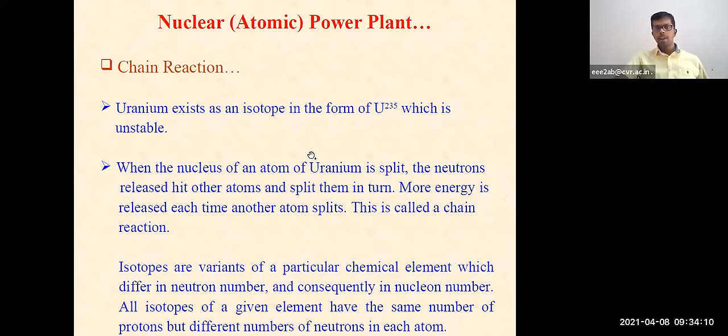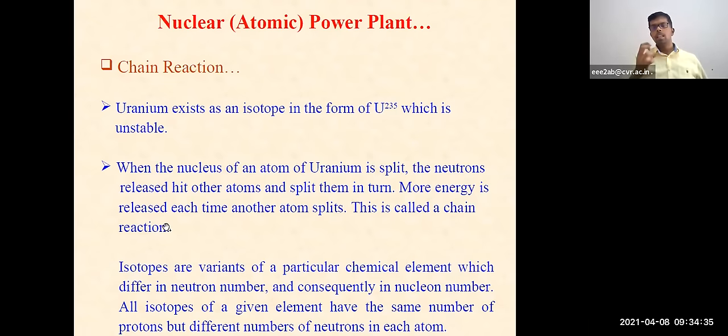So the nucleus of an atom of uranium is split. The neutrons released hit another atom, for example one neutron is released and hits another atom and splits it in turn. More energy is released each time another atom splits. This is called chain reaction.